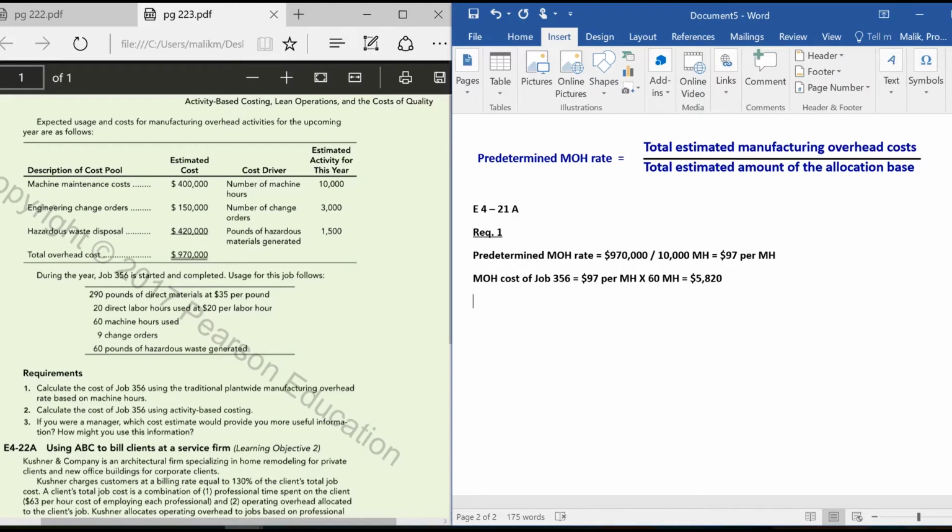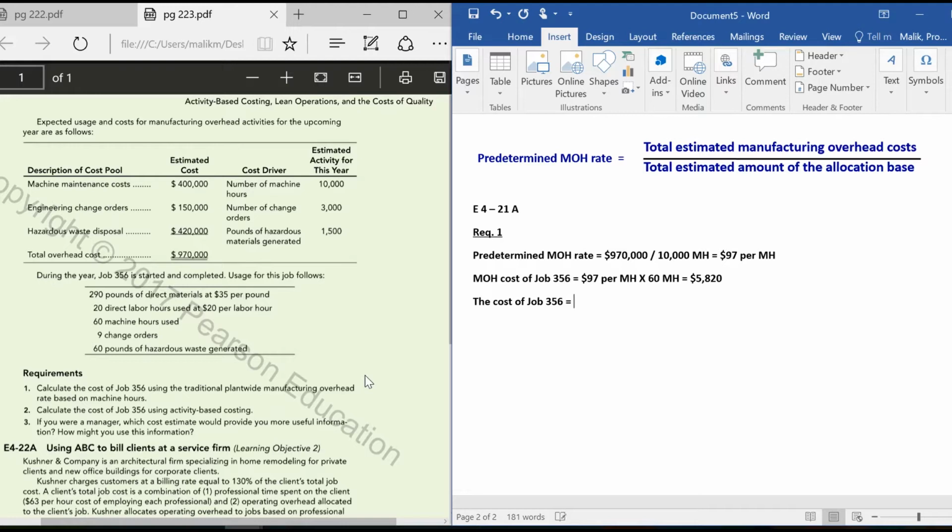So now we just got our overhead cost portion, but the requirement is asking to calculate the entire cost of job 356. So the cost of job 356 means three types of costs, right?